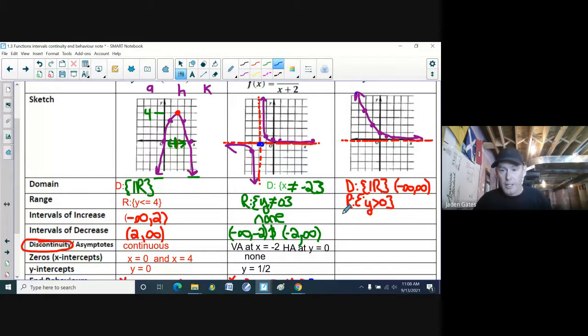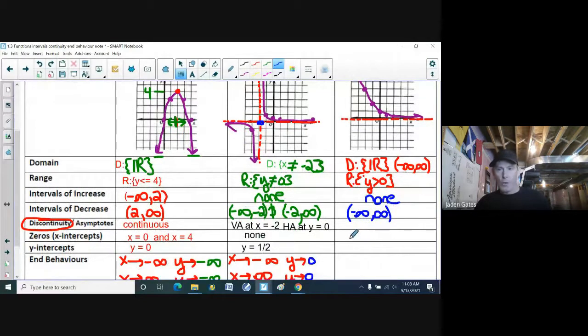But either way, from start to finish, this thing decreases. Sorry, I put that in the wrong spot. From start to finish, this thing decreases, which means it never increases. Because again, we're reading the graph left to right.